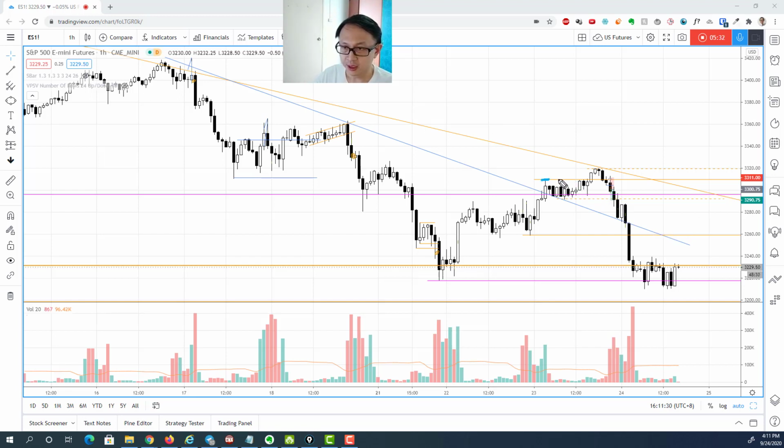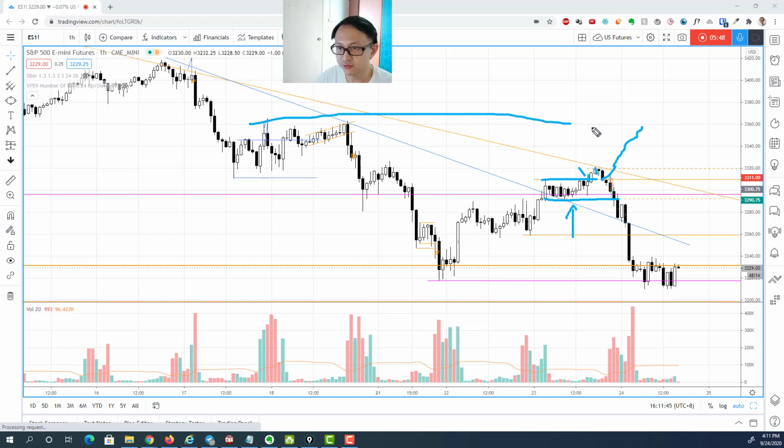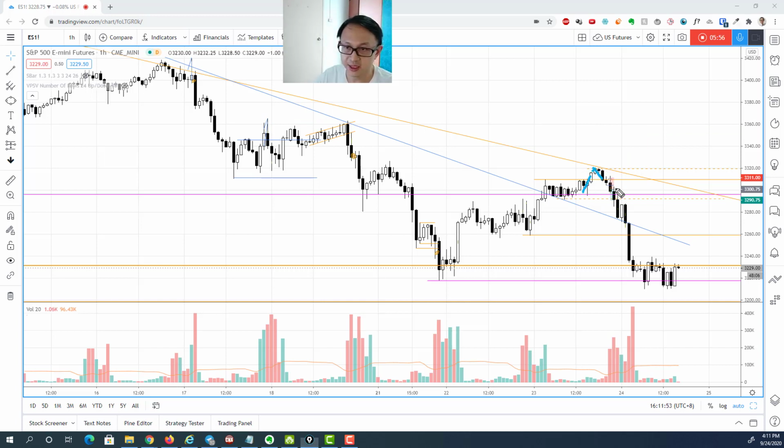This is the possible or assumed supply absorption scenario, where I think when it breaks out, it could have a back test, reversal, and then follow through to test the higher ground at least around 3360. However, right after the breakout and back test, what we have is a failure.